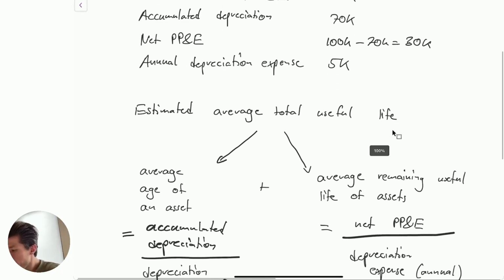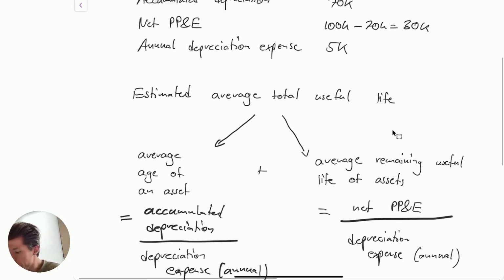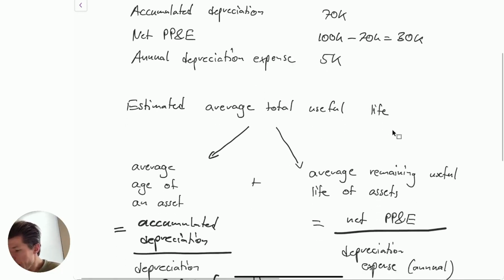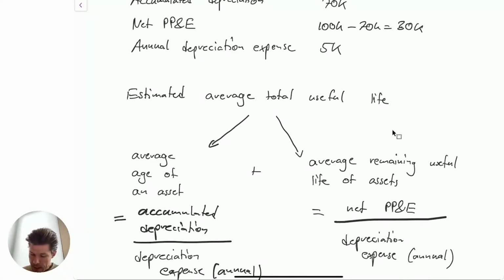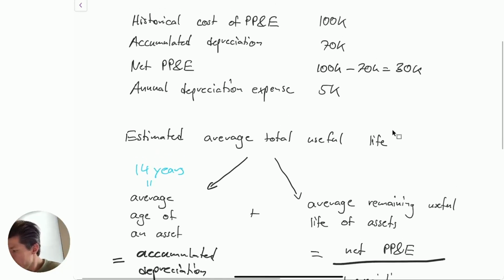So what you do is, if you look at, okay, how old is my asset base? You take the accumulated depreciation, which is 70K, and you divide 70K by 5, which gives you 14 years. 70 divided by 5K equals 14 years.